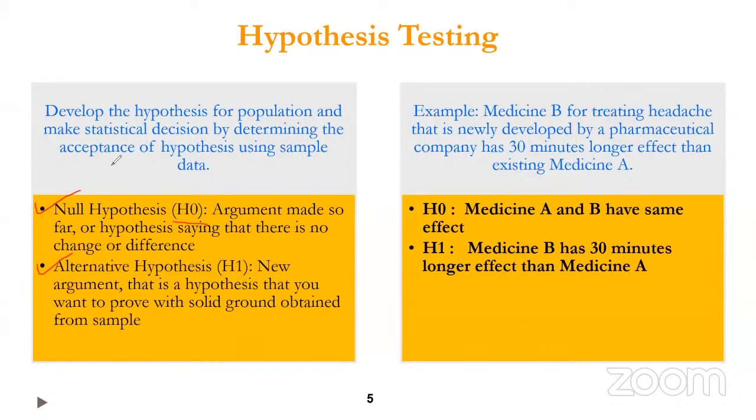It is also called a status quo. It is also considered as take no action. Argument made so far or hypothesis saying that there is no change or difference is nothing but the null hypothesis.